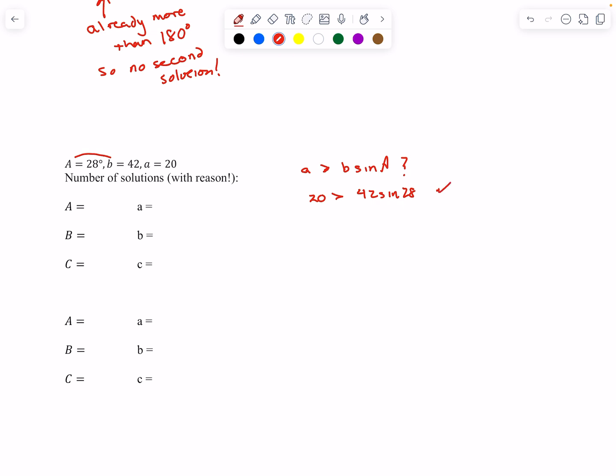And is A less than B? Also true. So we set it up, 2 solutions. And then this angle will be the one that gets supplemented.